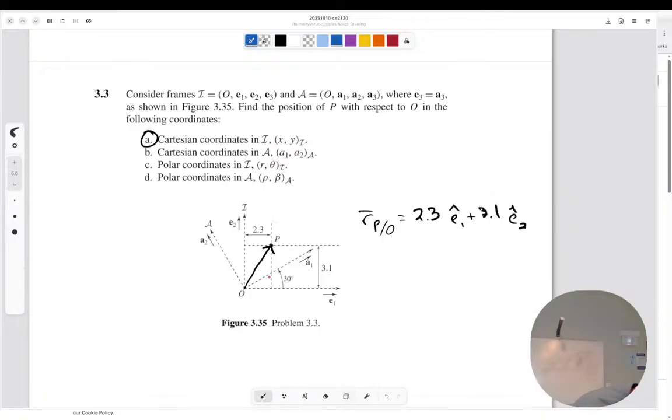And how far did we go along this A2? It's got to be the same vector, the same magnitude, the same direction, but we're changing how we're looking at it.